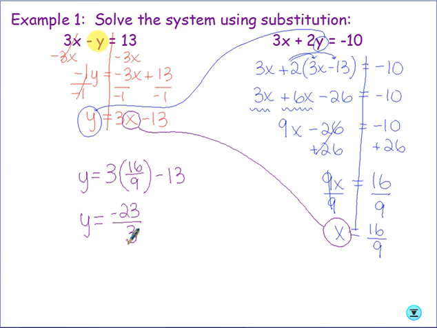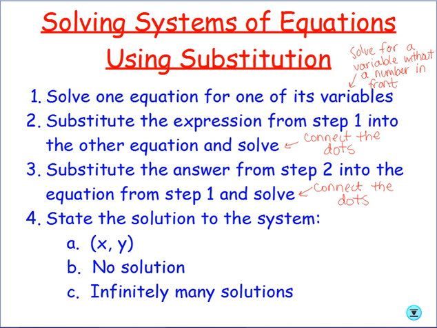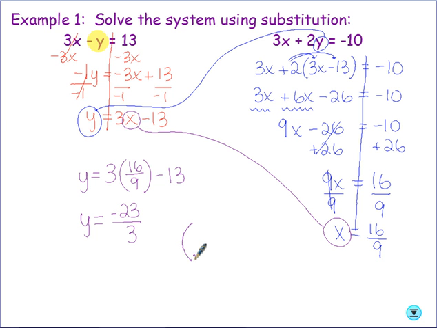Let's look at the final step of the process. Step number 4, we state our solution. If you get an answer for x and y, you write it as a pair. These are our 2 special cases that we'll look at in a few minutes. So I'm going to write an ordered pair. X comes first, 16 over 9.